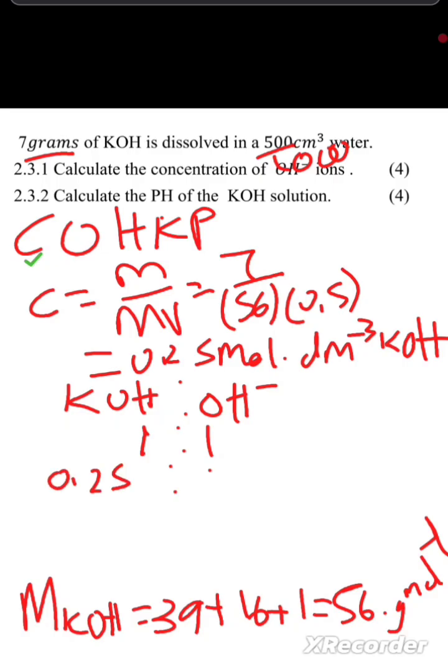Therefore, what will be the concentration of OH minus? So the ratio of 1:1 means they will be the same. So the concentration of OH minus is equal to 0.25 mole per cubic decimeter.